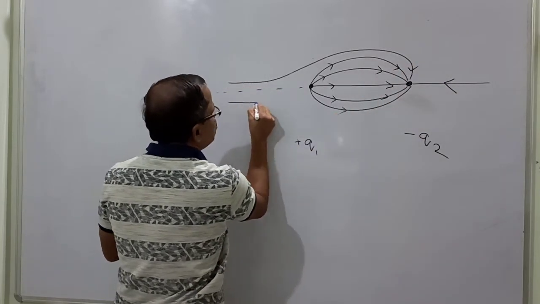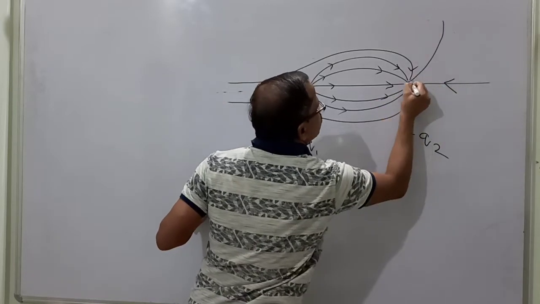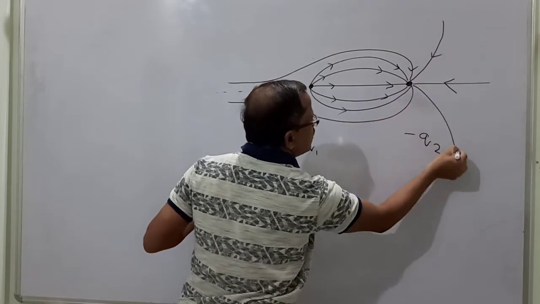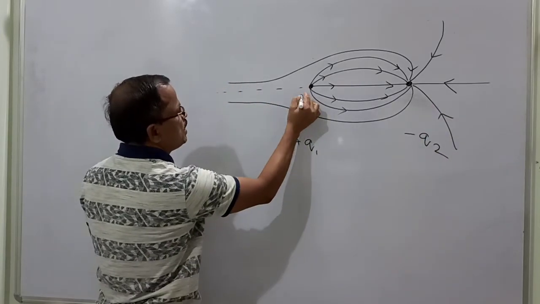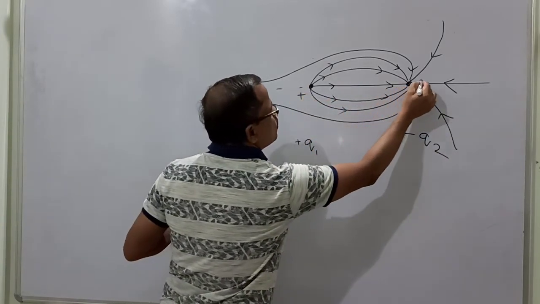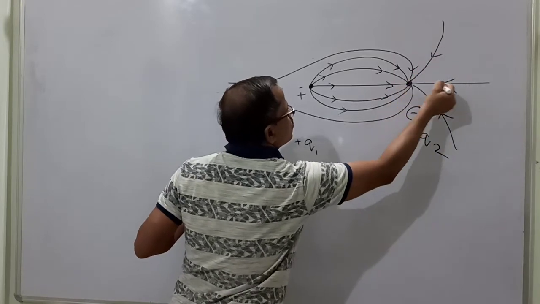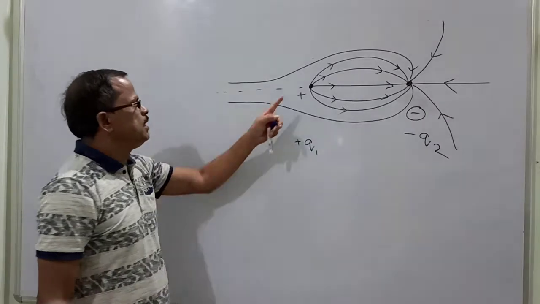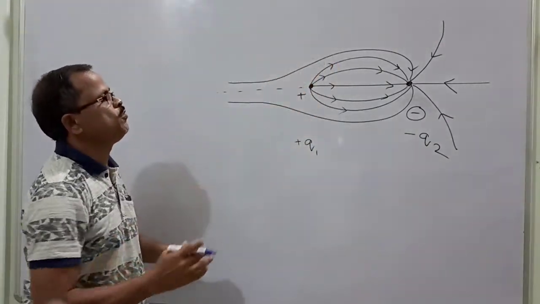This charge is Q1, a positive charge, and this charge is a negative charge. If the charge is negative, lines of force come to the point. If the charge is positive, lines of force always go away from this point.